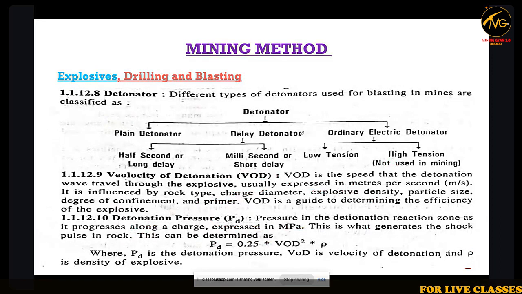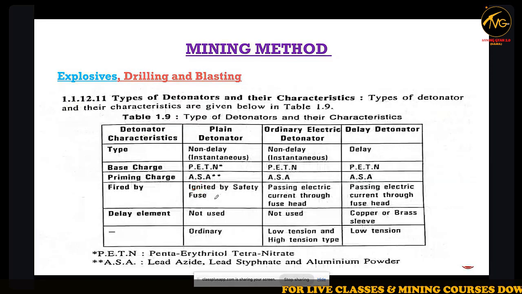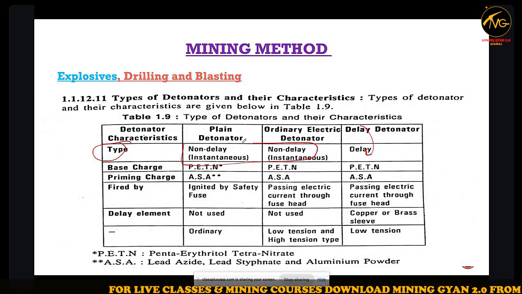Then we have discussed the velocity of detonator, detonating pressure, type of detonator and their characteristic. This is plain detonator, this will fire instantly, so it is not delay detonator, delay element नहीं होता इसमें.